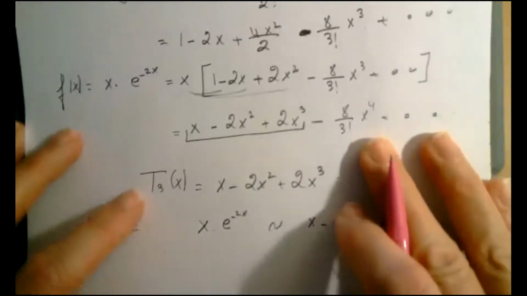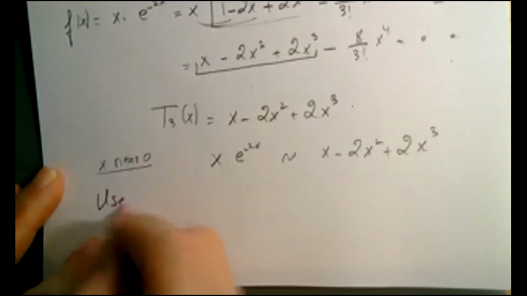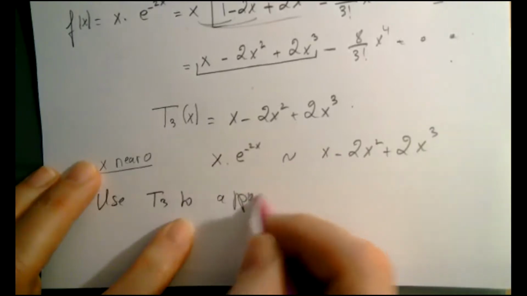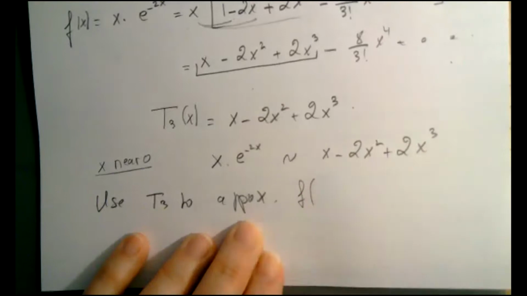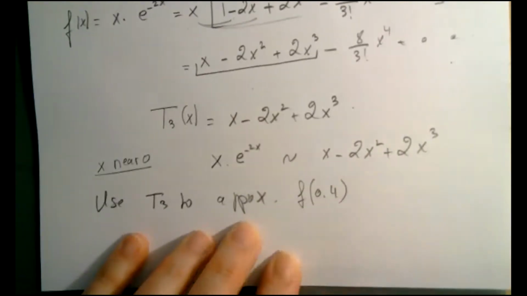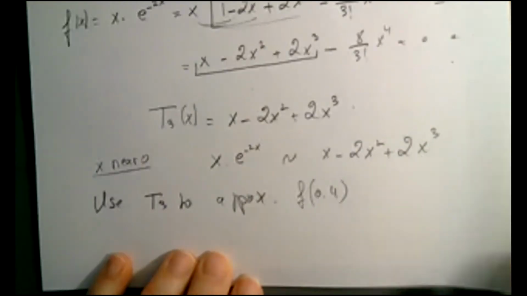So for example, let us use T3 to approximate the following. The value of the function, let us pick any value, I don't know, 0.4, for example. Let's see how good of an approximation we get.